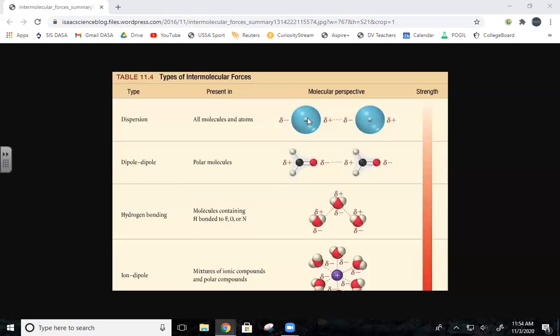So this is O2, and this is O2. This isn't O and O. Again, we're not talking about bonding between atoms.